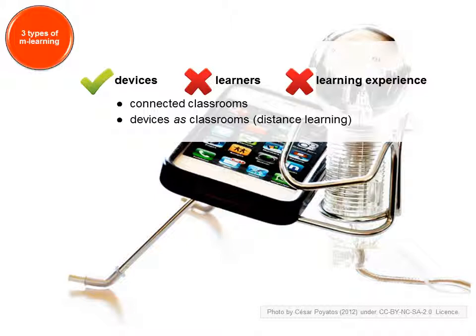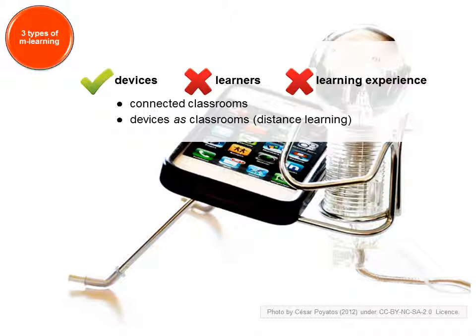We can see a similar example when the devices become the classrooms, as they often do in distance learning. So we know that for many learners who are studying at a distance, their mobile device becomes their gateway to their studies. But typically, when they are studying, the learner is not moving around with their device.